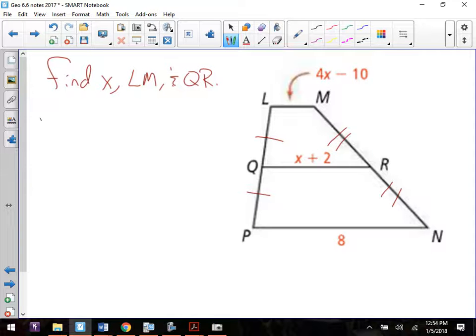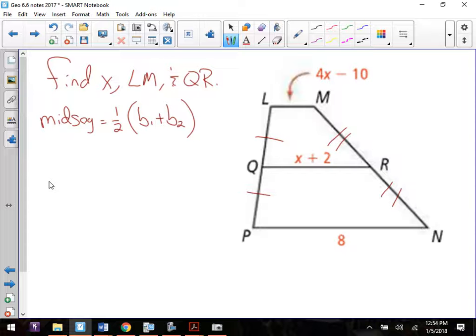So remember, the formula is the mid-segment is half the sum of the bases. Which of those algebra parts is the mid-segment? It's the x plus 2.